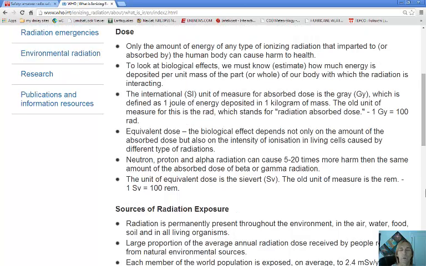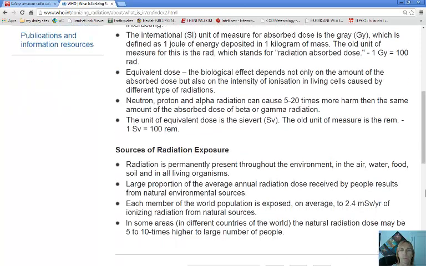The international SI unit of measure for absorbed dose is the gray, which is defined as 1 joule of energy deposited in 1 kilogram of mass. The old unit of measure for this is the rad, which stands for radiation absorbed dose. 1 gray equals 100 rad.